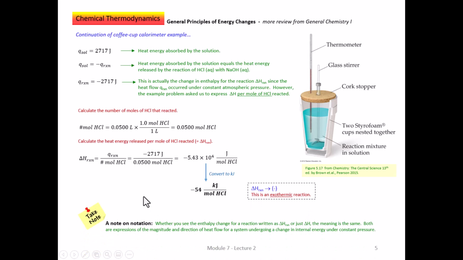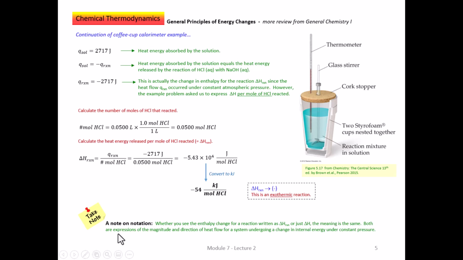Now, just a note on notation here. Whether you see the enthalpy change for a reaction written as delta H of reaction or just delta H, the meaning is the same. Sometimes we put a subscript on there for clarity or to make it look nicer. But you don't worry about whether that's there or not. It's the delta H of the reaction.